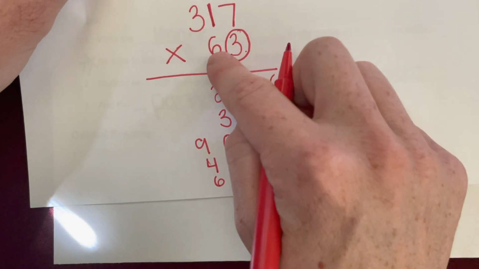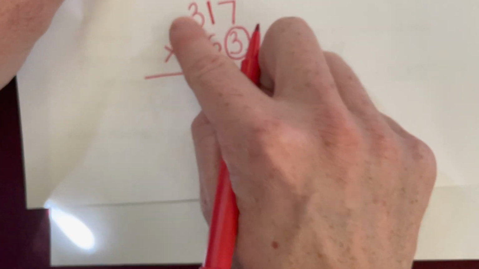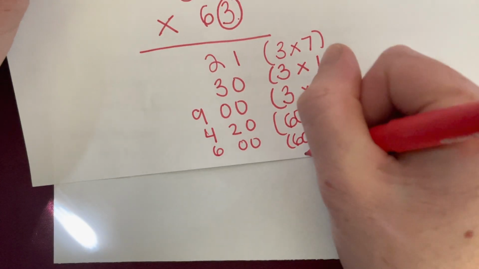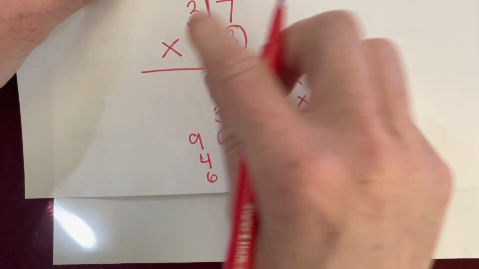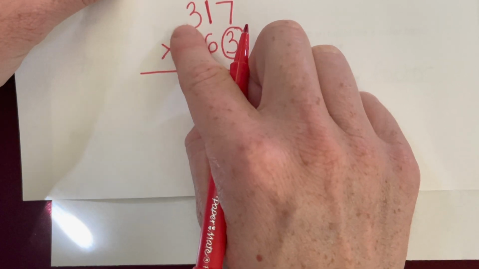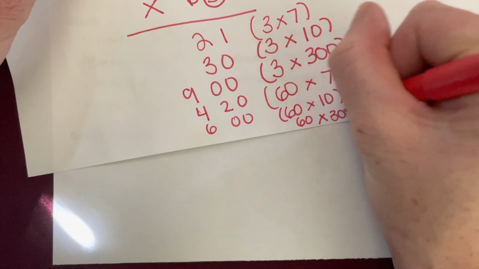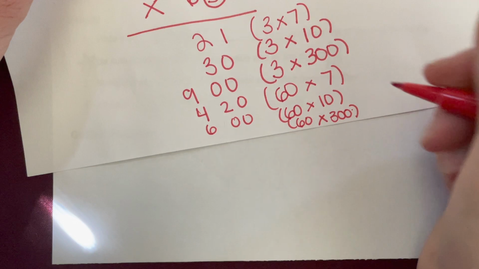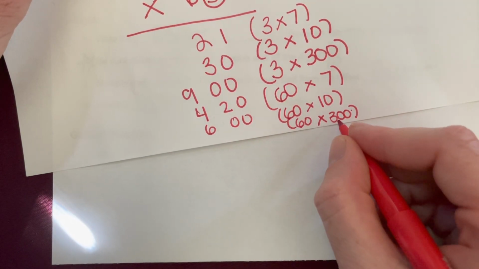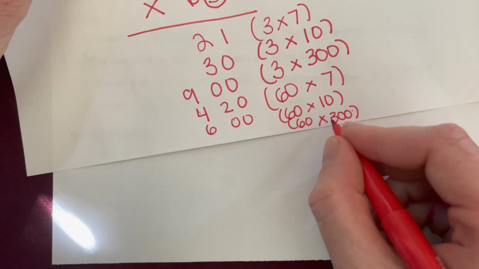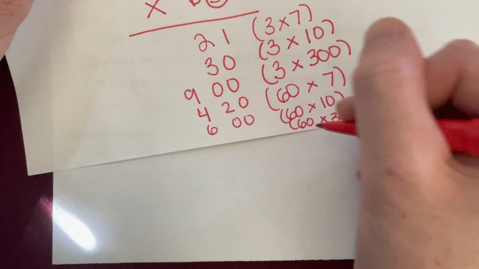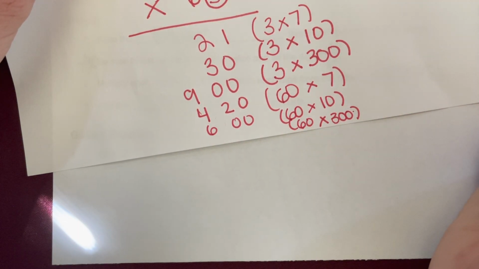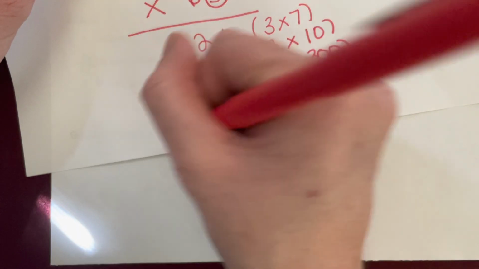And now I have 6 times 3. 6 is in the tens place, so it is 60, times 3. The 3 is in the hundreds place, so it's 300. And when I multiply 60 times 300, I get 18,000.